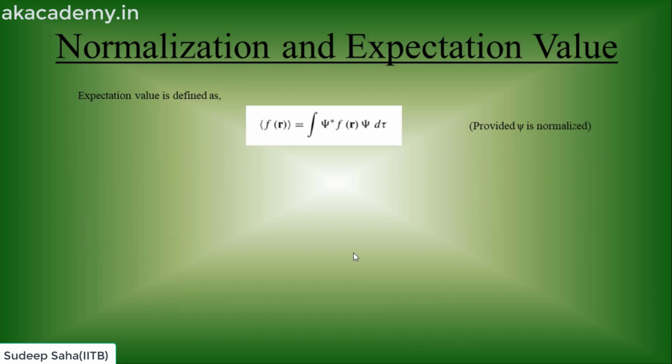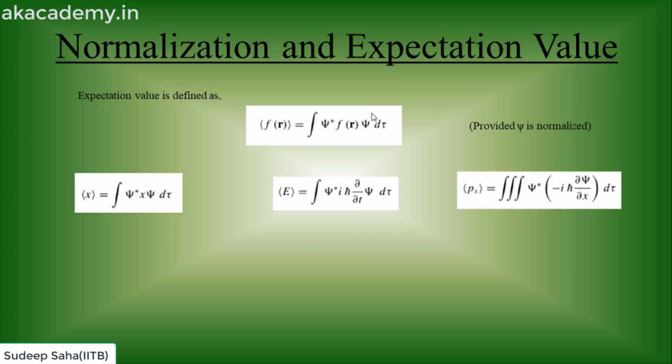Now the expectation value. The expectation value of f(r), if f is a quantum mechanical operator of an observable, is defined as the integration of ψ* f(r) ψ dτ. Okay, this is the volume element. So for position we'll write ψ* x ψ dτ.